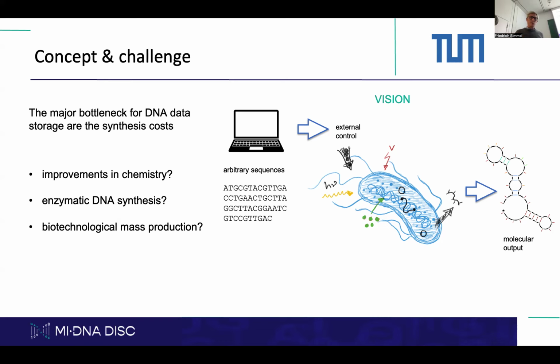The external control could be, we currently look into light control, but it could be voltage or chemicals, or everything could be in a bioreactor form. This is not totally clear. And then the bacteria would just generate the desired DNA and eject it by some mechanism, and then you can use that DNA.